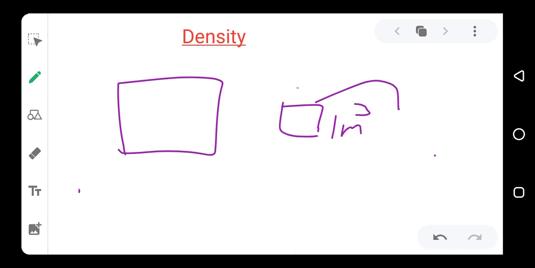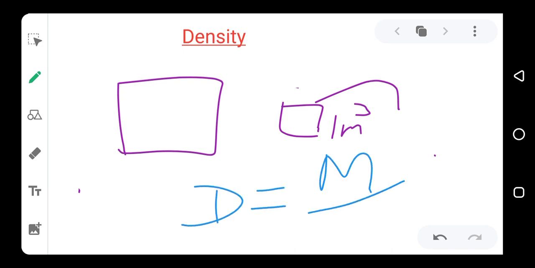So we have the formula of density. Density D is equal to mass over volume. So we write density, which we represent with D, is equal to mass over volume.